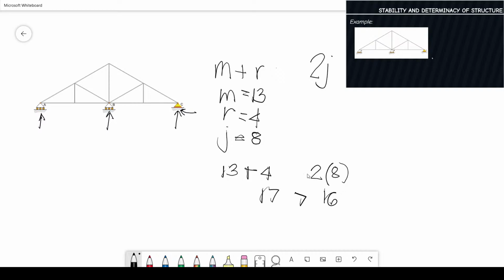Therefore, that is greater. So, our M plus R is greater than 2J. So, this is indeterminate.